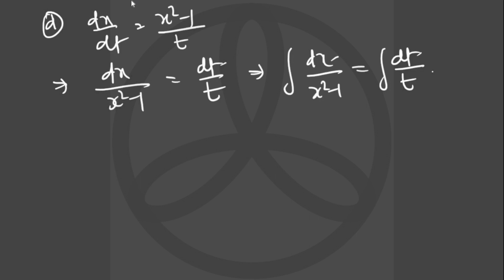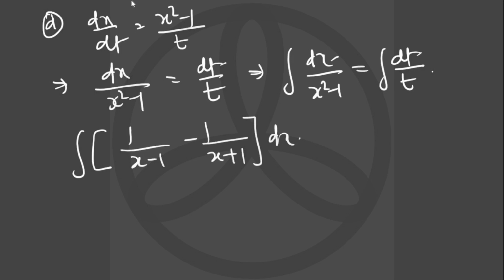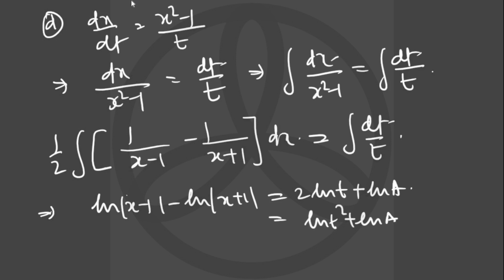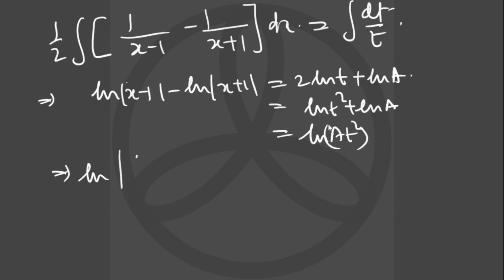This is nothing but if I write it, this will be 1/2 of (1/(x-1) - 1/(x+1)), and integrating this is nothing but log of (x-1) minus (x+1) = 2 log t + log a, or log of a t², and this is log of (x-1)/(x+1).